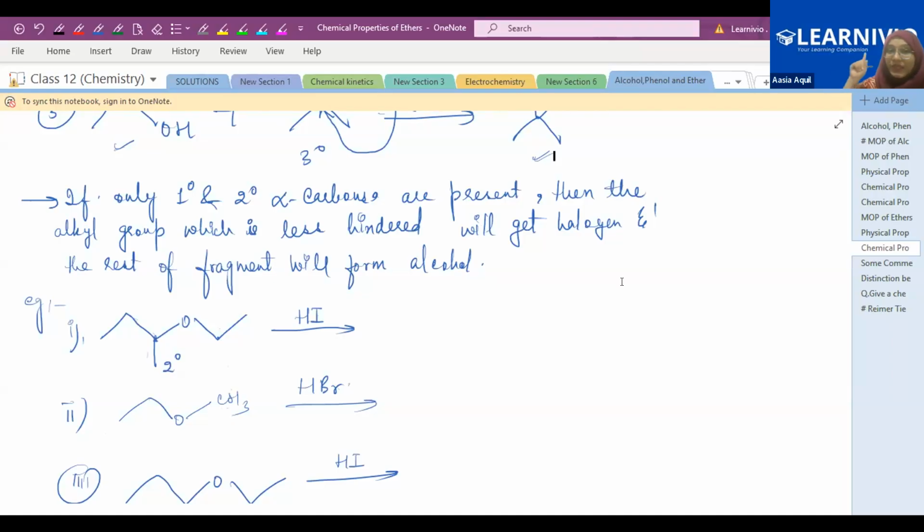Then halogen will get attached to the less hindered alpha carbon. So between the primary and secondary alpha carbon, which one is less hindered? Primary one, right? So always choose the primary alpha carbon to form the haloalkane.